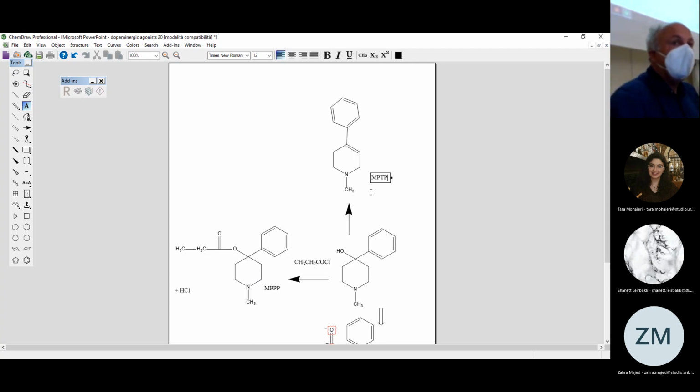And the problem is related to MPTP, because this MPTP can be metabolized by MAO-A, monoamine oxidase type A, and can be transformed into an aromatic ring. You see now.